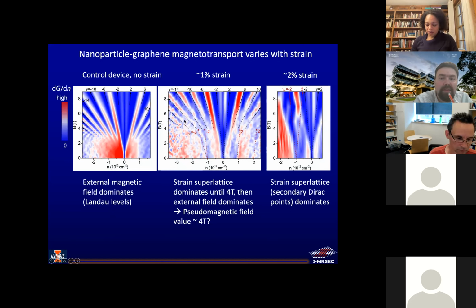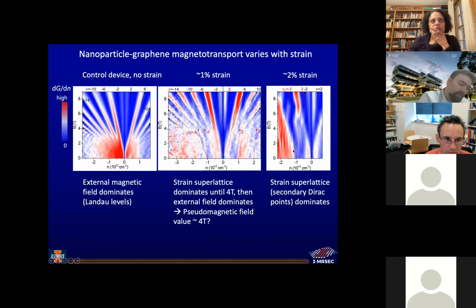I don't know the precise transport signature of it, but judging on the fact that strain causes bending of different valleys in different directions, and magnetic field tilts the balance of this, I would expect a valley polarization if both strain and magnetic field are applied at the same time.